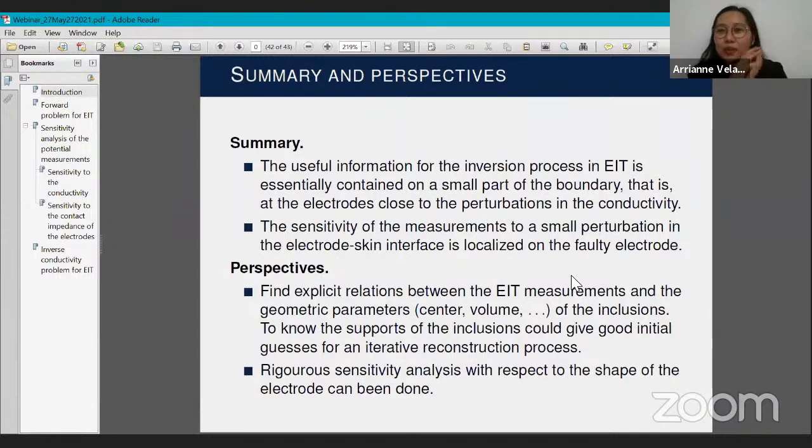Usually, I solve the forward problem using FreeFem and then call it in MATLAB. So you need to learn both FreeFem and MATLAB for this particular research.